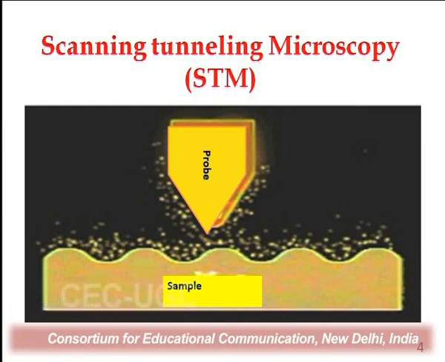There is a tunneling between the surface and the probe, and the probe is connected with a detector, which describes the behavior of the material which we prepared. So for characterization we are using the scanning tunneling microscopy.